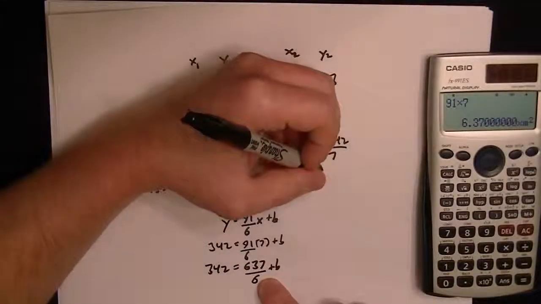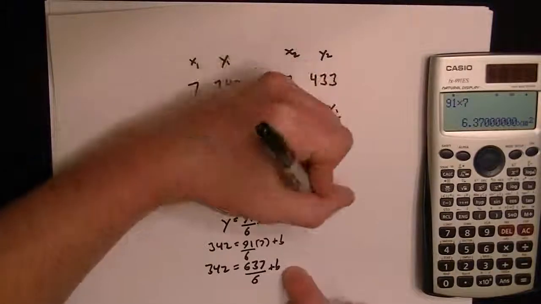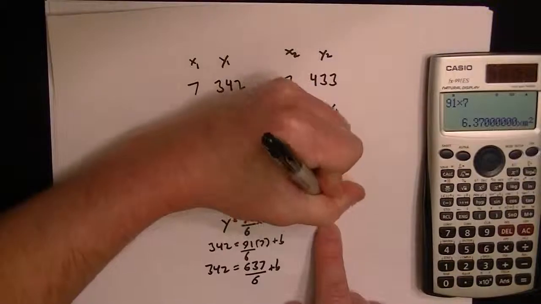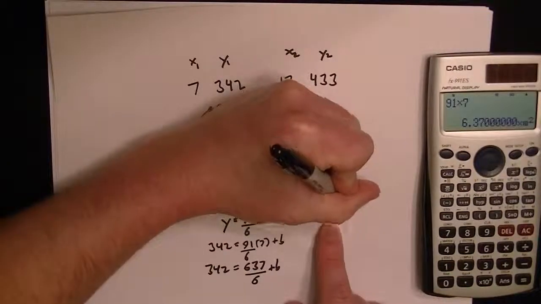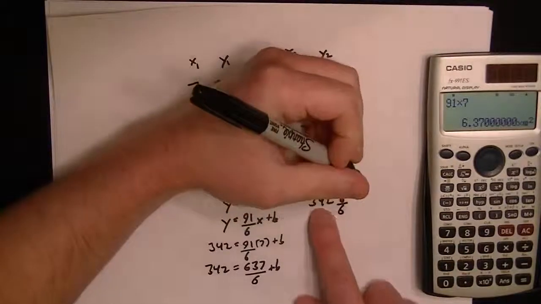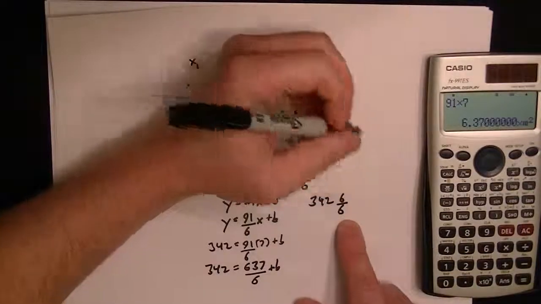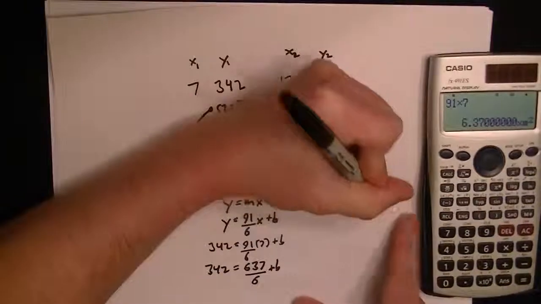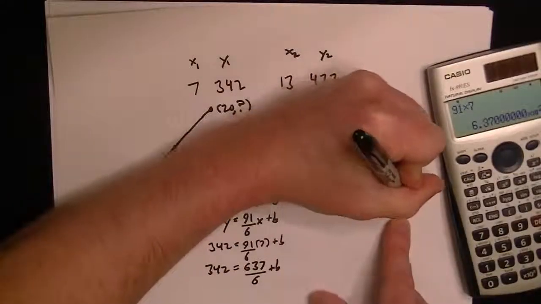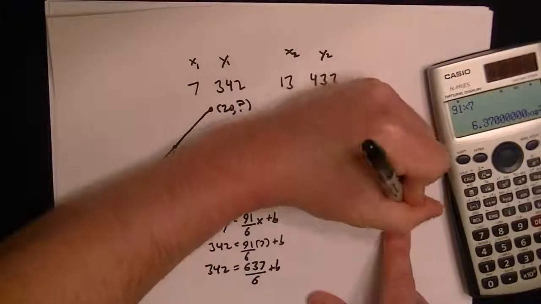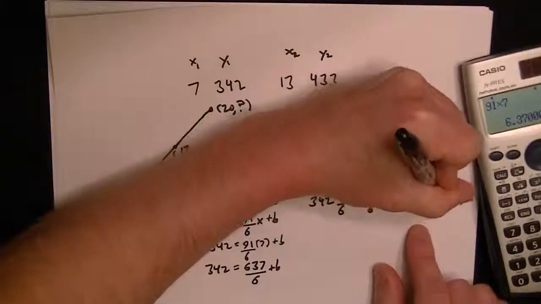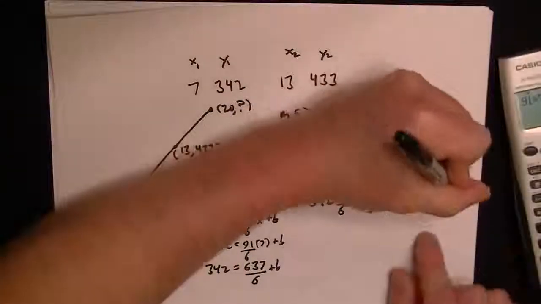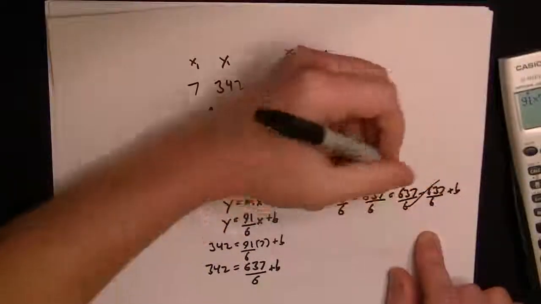And now we've got to subtract this from both sides so we find out what b is. But first I'm going to put 342 over 6, so I'll multiply by 6 over 6. That's 342 times 1, so it doesn't change anything. And then I'm going to subtract the 637 over 6 from both sides. So 637 over 6 minus 637 over 6, we still have the plus b, so that becomes 0.